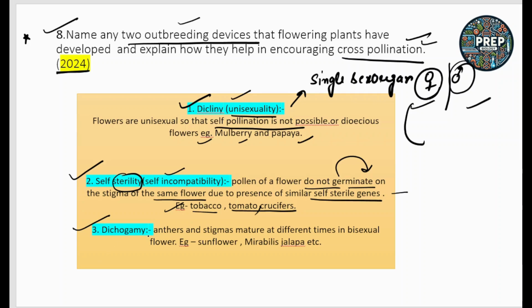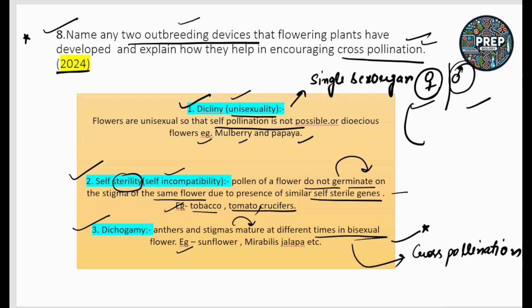Next is dichogamy. Dichogamy means anthers and stigma mature at different times in a bisexual flower. So in a bisexual flower, where both male and female parts are present in a single flower, they mature at different times. That is dichogamy, and it will of course encourage cross-pollination. This is important.